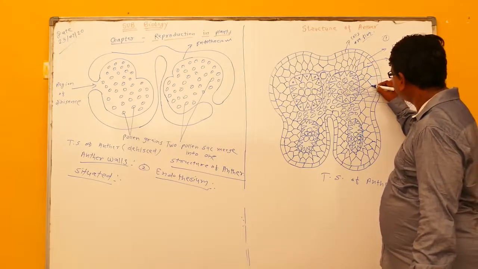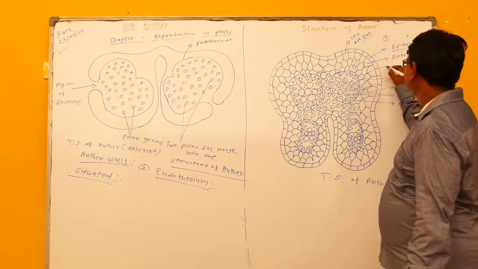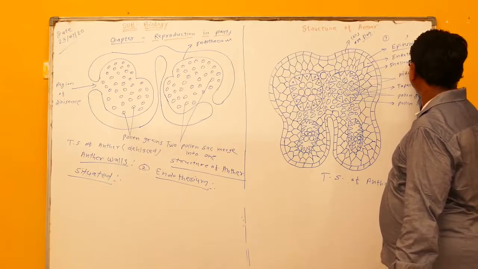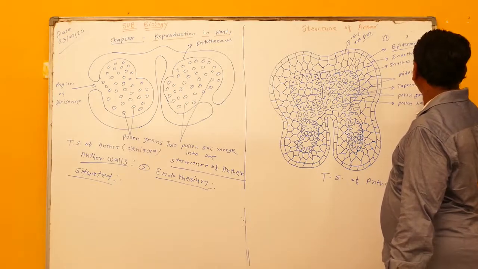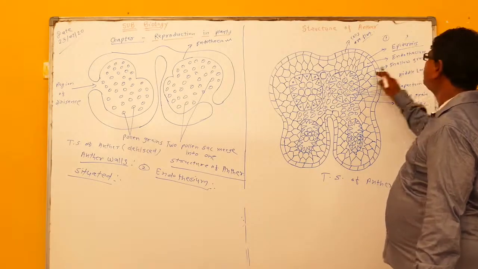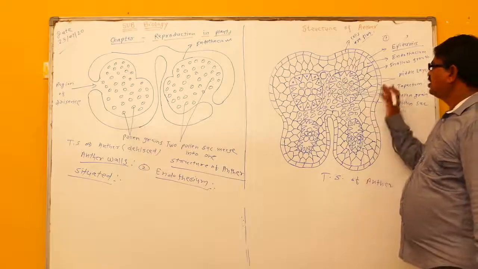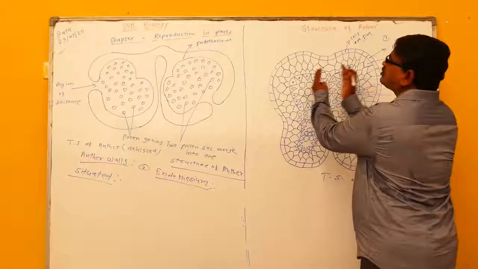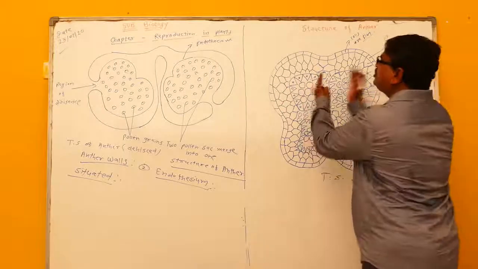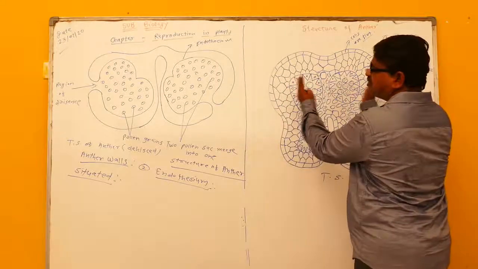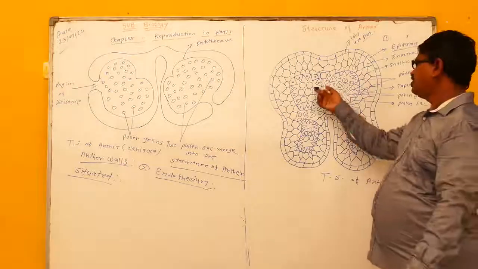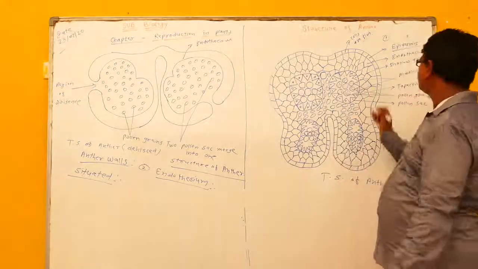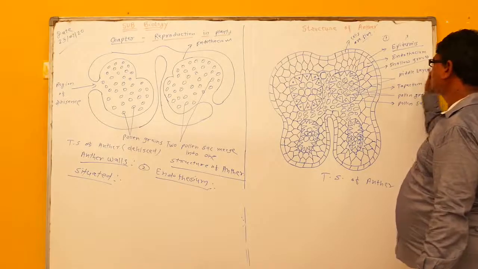Due to these shallow grooves, it is fixed in between two microsporangia, or two pollen sacs.